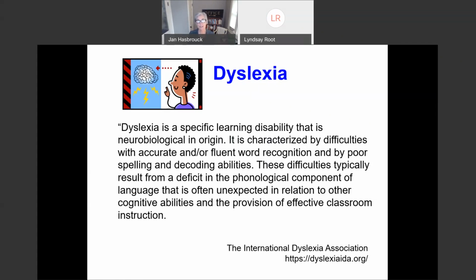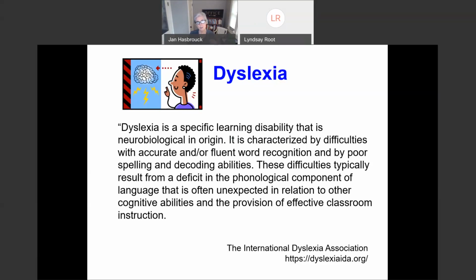It is heritable, it runs in families, it has a genetic component. Dyslexia, as David said, is characterized by difficulties with accurate and/or fluent word recognition and poor spelling and decoding abilities. And these difficulties result from a deficit in the phonological component of language.